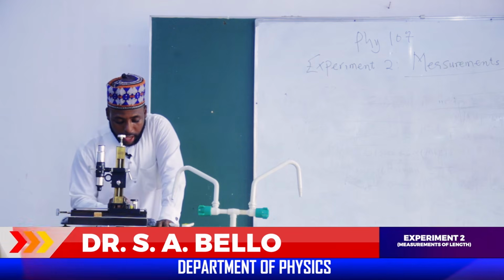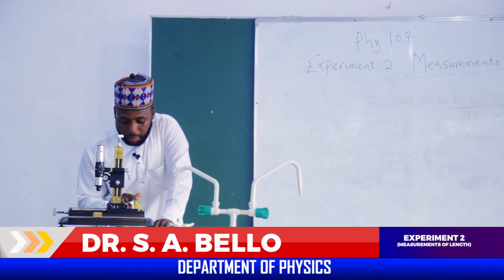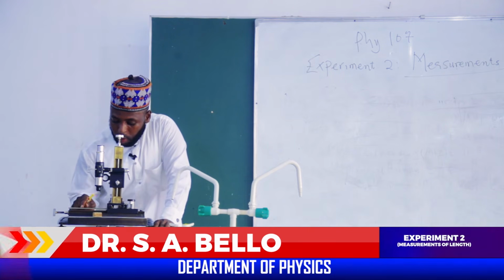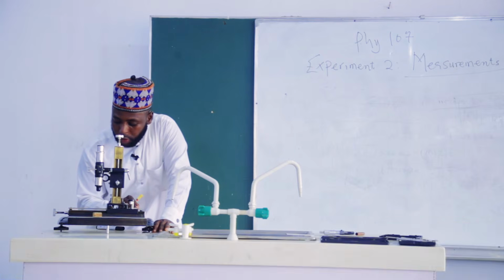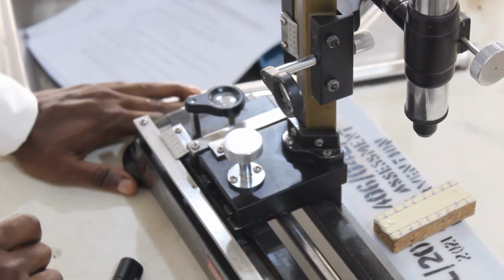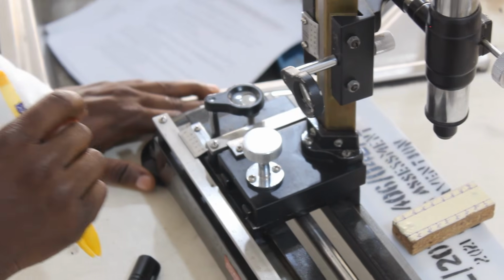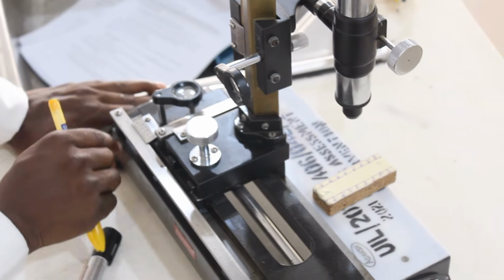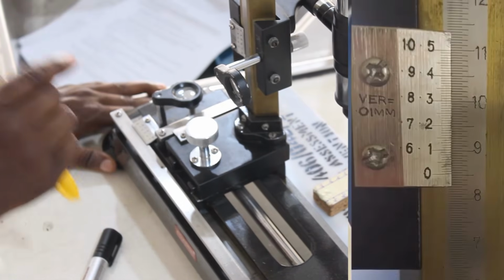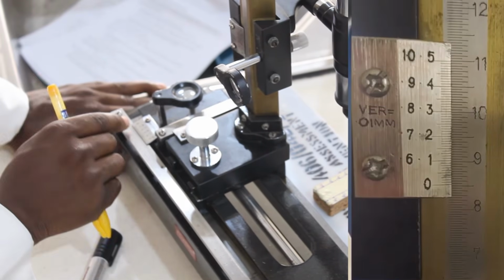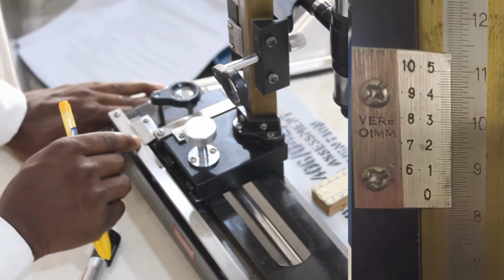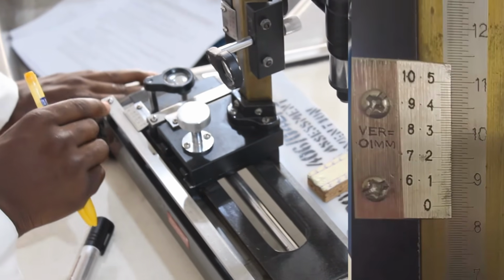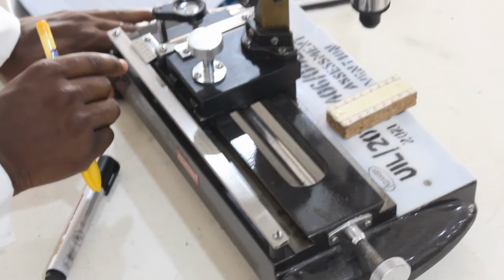As you can see on the main scale, we have numbers between 0 and 22. Our task is to find the smallest division on the main scale and to also find the number of divisions on the vernier scale in order for us to obtain the least count.